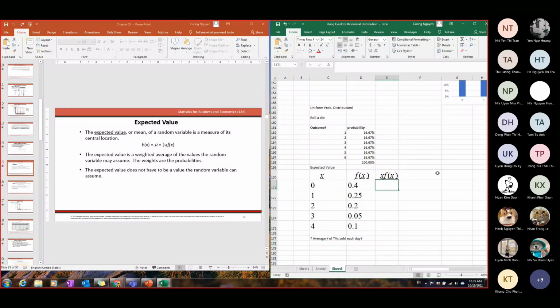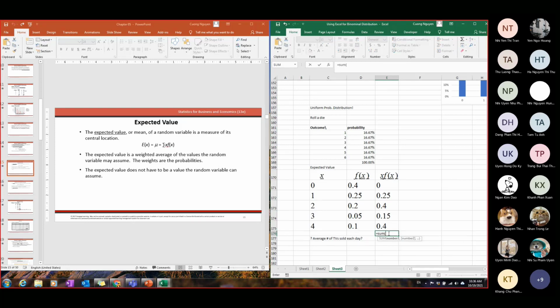And how are we going to generate that? First of all, we have to calculate the multiplication between the outcome values and the probability associated with them, and sum them. Very easy, do the same thing. 1 times 0.25 is 0.25. 2 times 0.2 is 0.4.